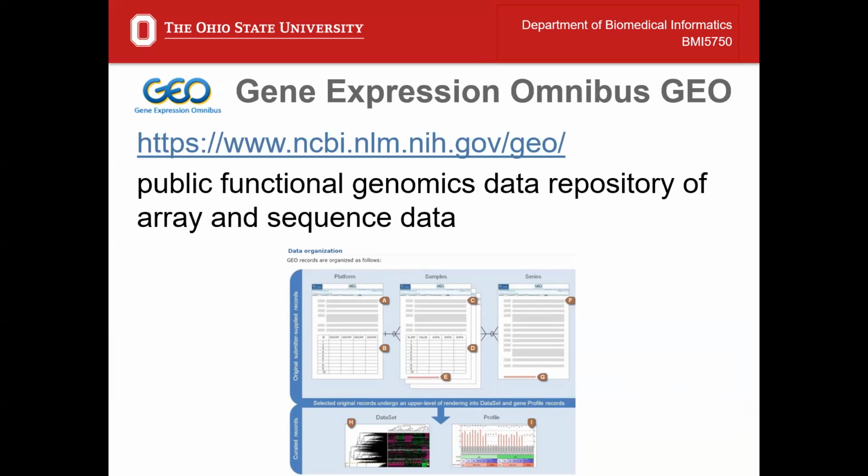Usually, your first experience with GEO will be that you've done an RNA-seq experiment and you want to publish it, but then the journal says you have to provide the raw data in a public manner, and they suggest to use GEO. So you package up your raw expression data and some information about your samples. You can upload it to this website, and it will be available for anyone who wants to use it.